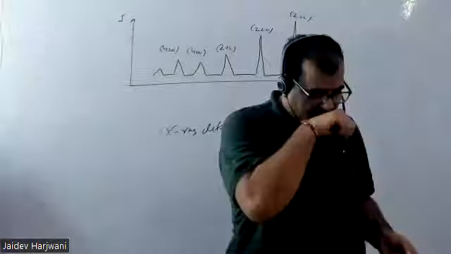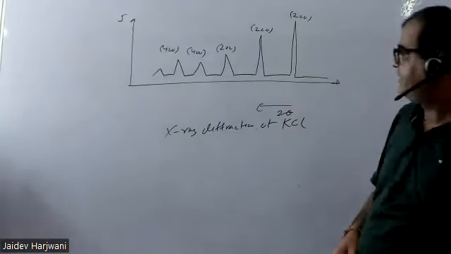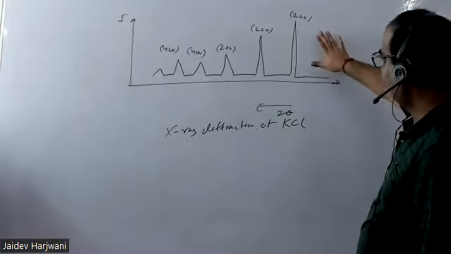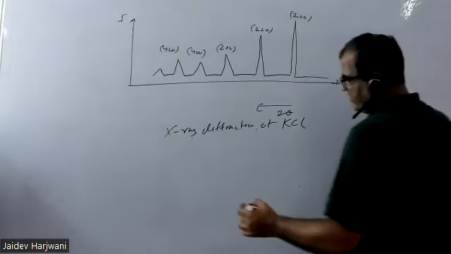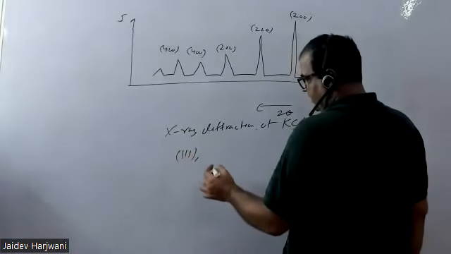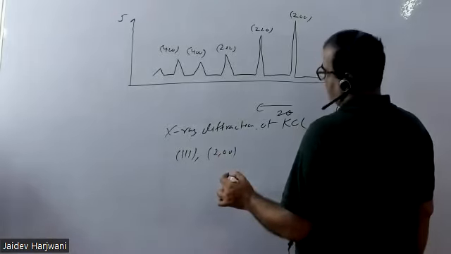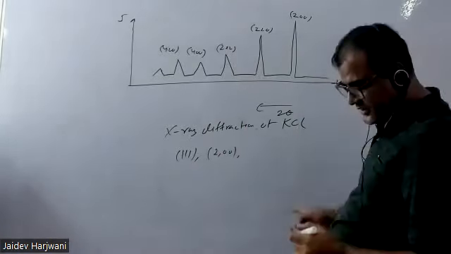Now KCl is basically FCC, but if it is FCC, then the first peak should be 111. Yes or no? The first peak should be 111. Yes, sir. And the second peak 200, third peak 220, and other things are fine.